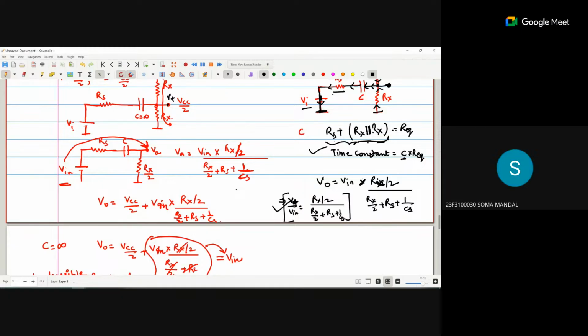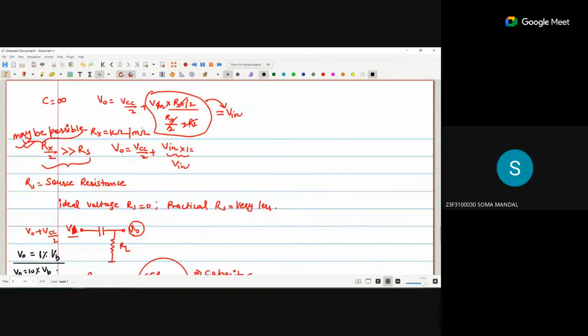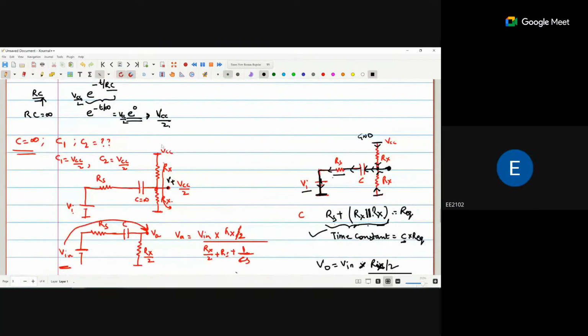Okay, so the method approach is same, but the value will be different, because in the output side only RL is used to discharge this capacitor. But in the input side we have RS as well as two biasing resistors, and those two biasing resistors are in parallel with the input resistance RS.